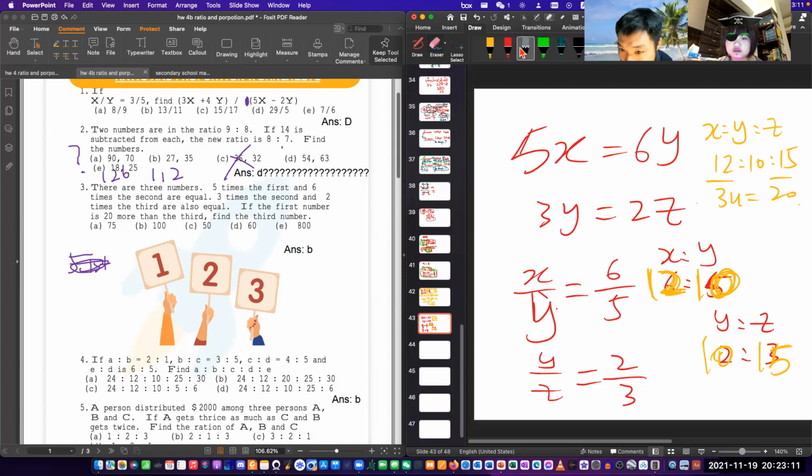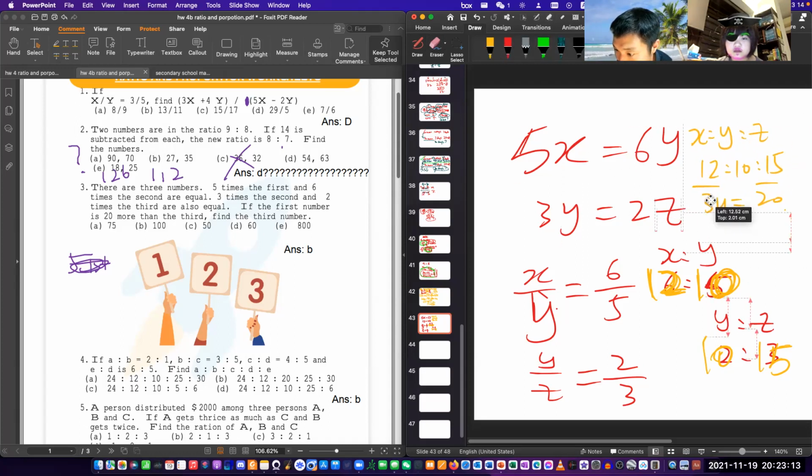Do you know why? Because 10 is the smallest. So 10 is the smallest, this is the largest, and this is in the middle. So this is the first, this is the second, and this is the third.